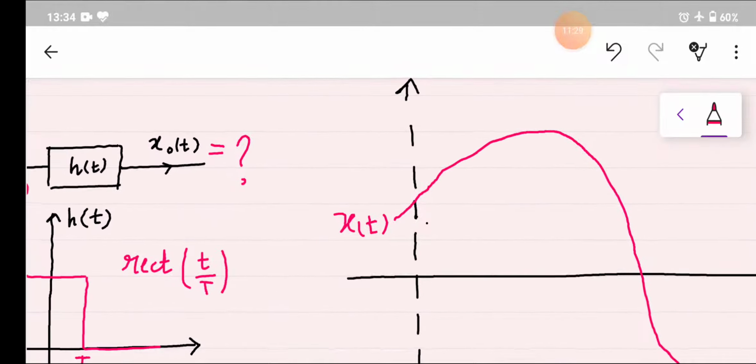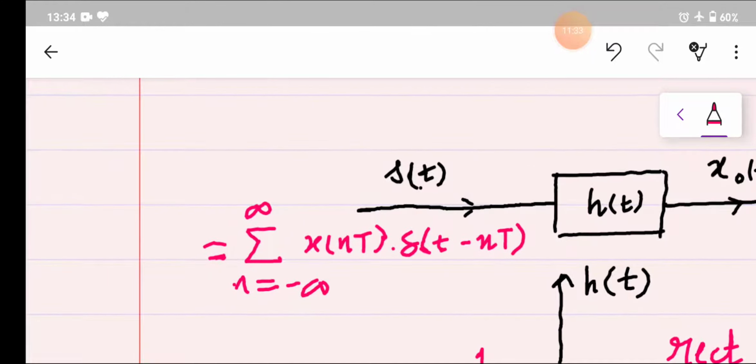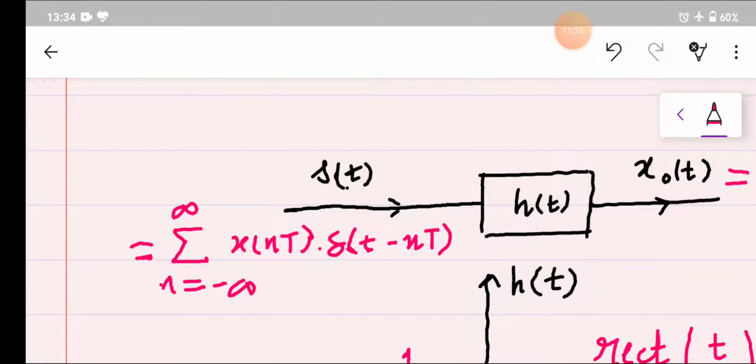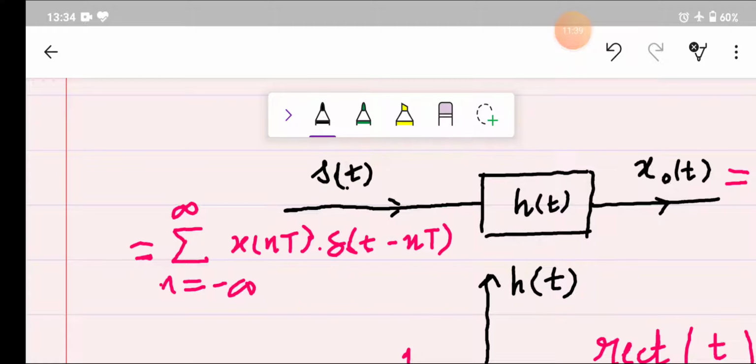When this signal xt is passed through the sampler, we obtain, so I'm drawing it here, here we have the sampler. This is our xt.